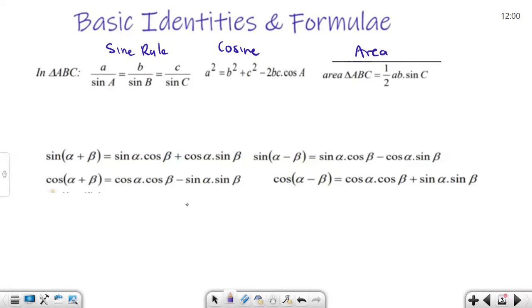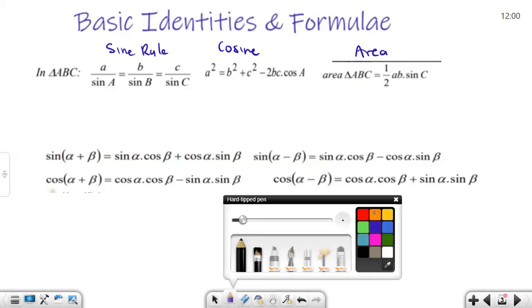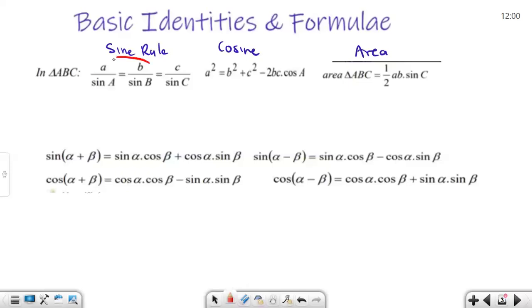When do we use a sine rule? My dearest people, let's consider these two. I want you to see something. I have a, b. Small letters represent the sides.